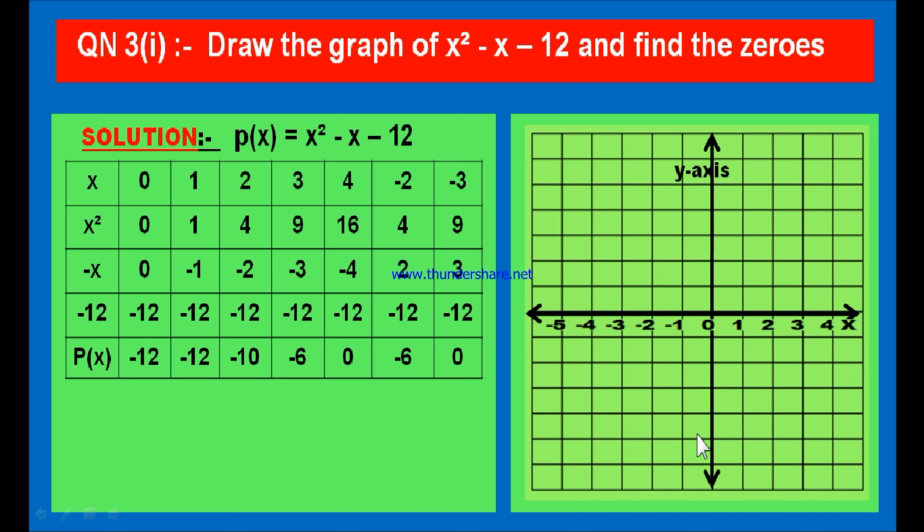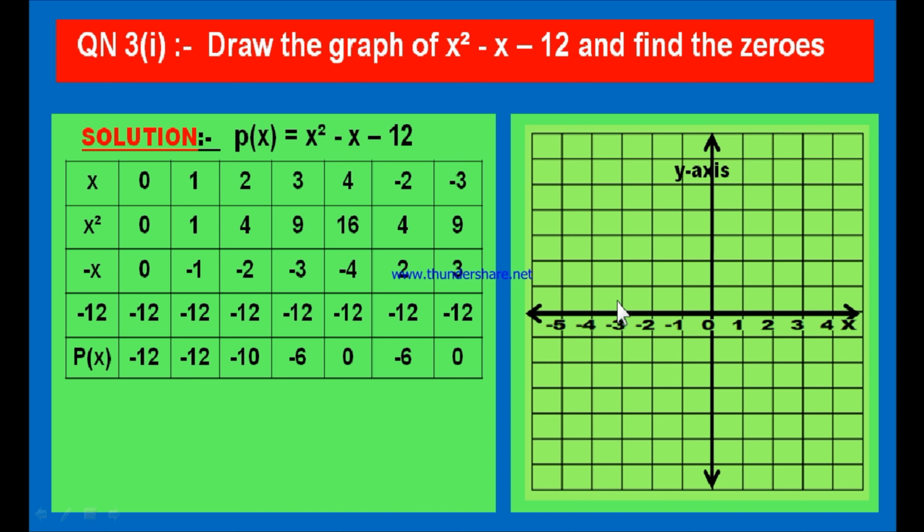You cannot get minus 12 if you take 1 centimeter is equal to 1 unit. So we will consider 1 centimeter is equal to 2 units. So it will be minus 2, minus 4, minus 6, minus 8, minus 10, minus 12. So you will get minus 12 here, as it is the maximum value.